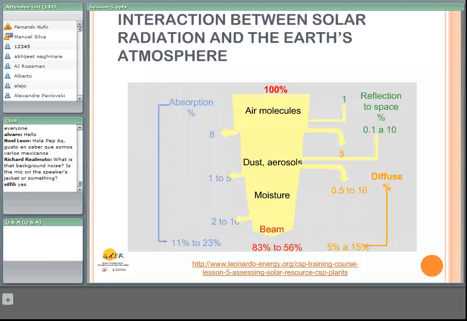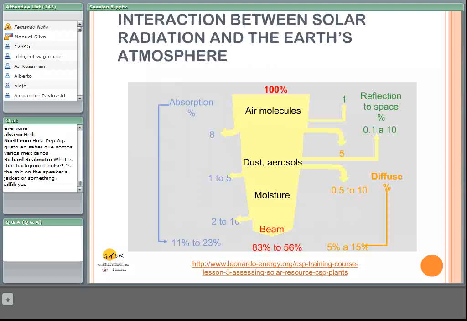When we look at the processes on a clear day, a cloudless sky, we can see that the different components of the atmosphere absorb part of the radiation in different proportions.